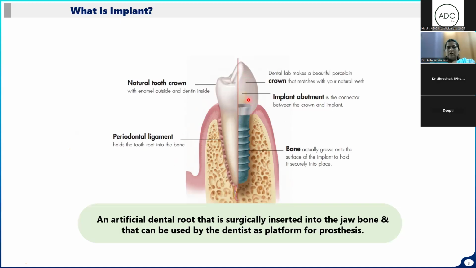This is the difference between the natural tooth and dental implant. An artificial dental root that is surgically inserted into the jawbone and that can be used by the dentist as a platform for prosthesis is known as the dental implant.